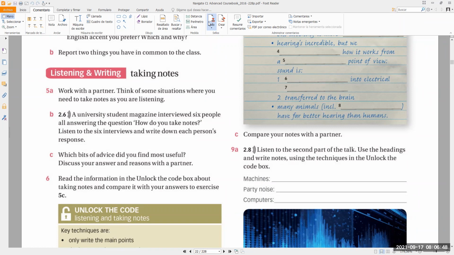You see? So for instance, in my case, every time I have to say something like for or yes, like for, I always use arrows. So let's say I have a bullet point, and then I have an arrow that connects that bullet point with another bullet point, and that's how I understand that one thing is the result or one thing is a reason for something else. I have different kinds of arrows.